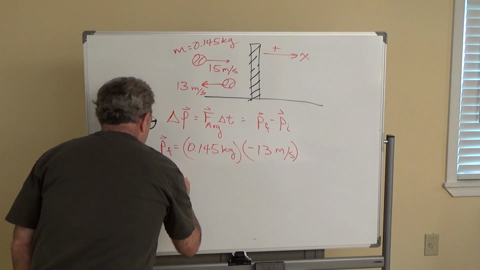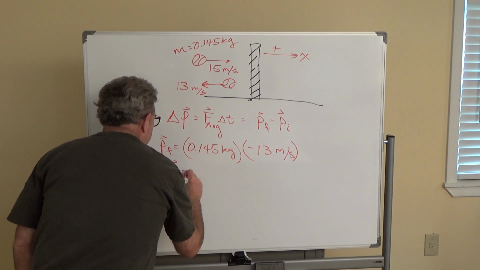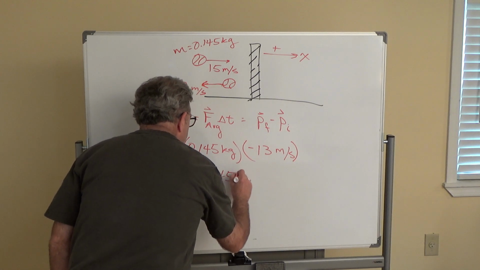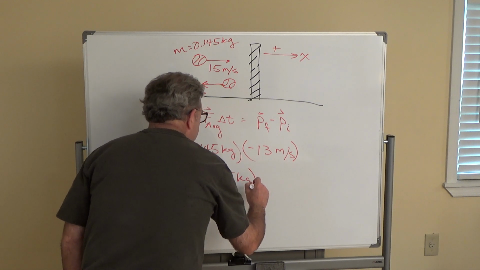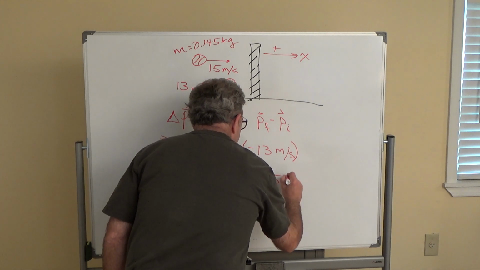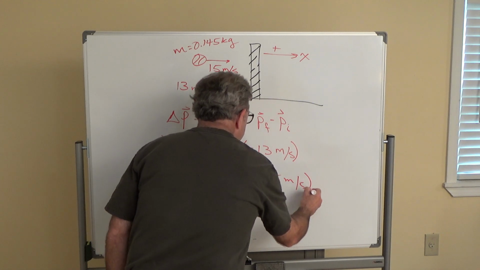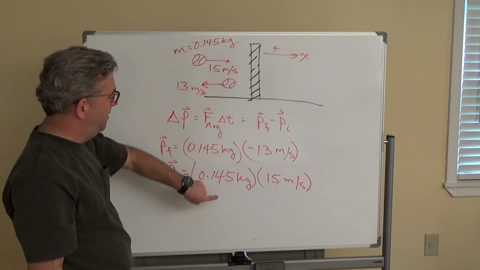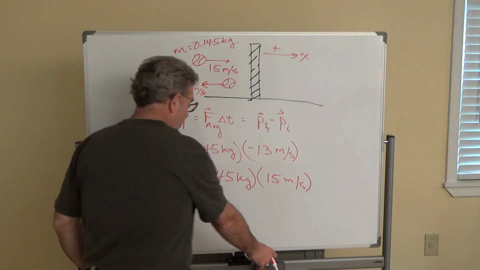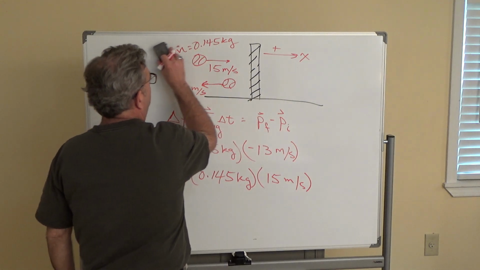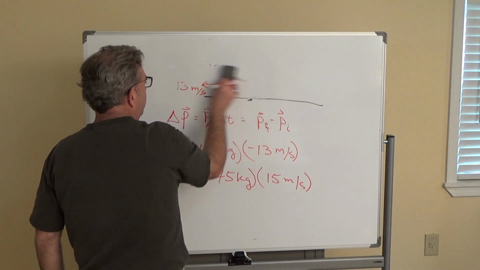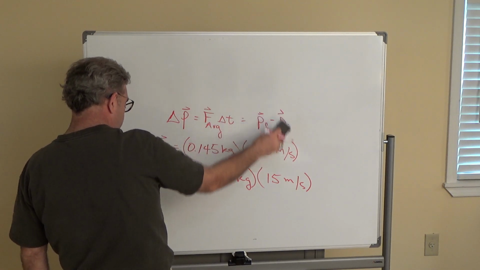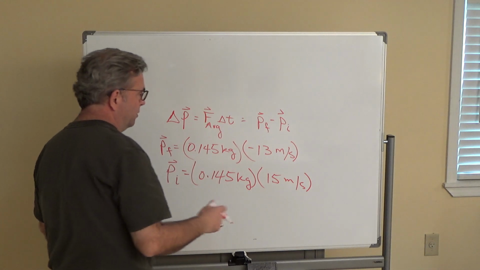P initial is equal to 0.145 kilograms times 15 meters per second. That's the initial momentum that's in that direction. So I'll go ahead and erase the little drawing and we'll calculate the net force, or the average force.